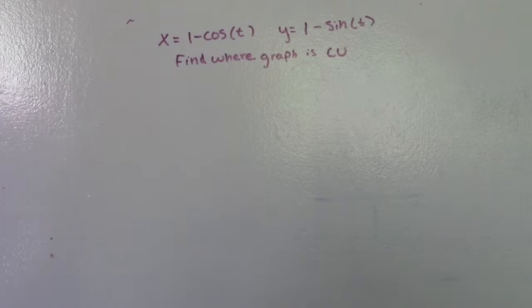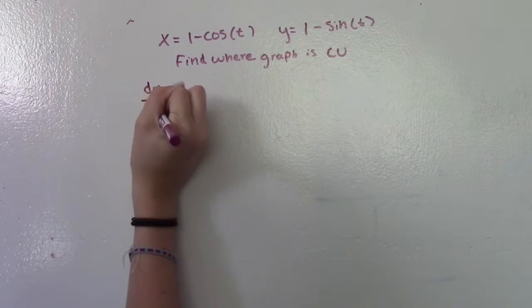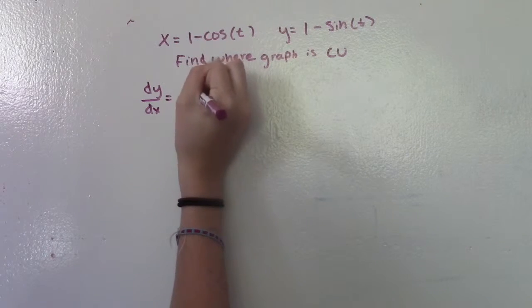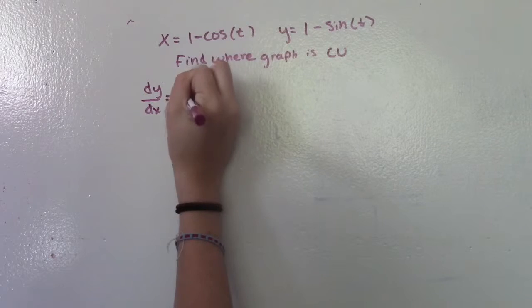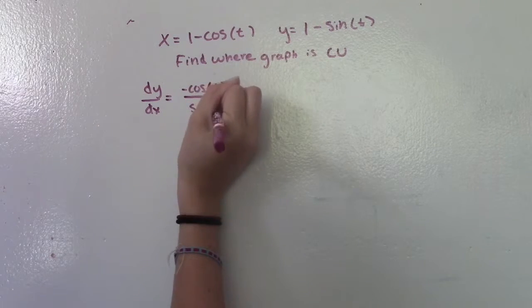Let's say we have the parametric equation x equals 1 minus cosine t and y equals 1 minus sine t. And we want to find where the graph of this parametric equation is concave up. First we're going to find dy dx, which is equal to negative cosine t all over sine t.